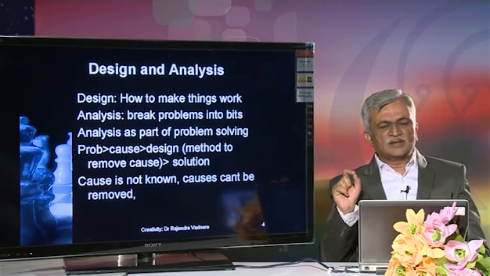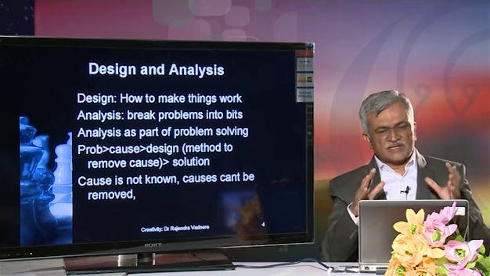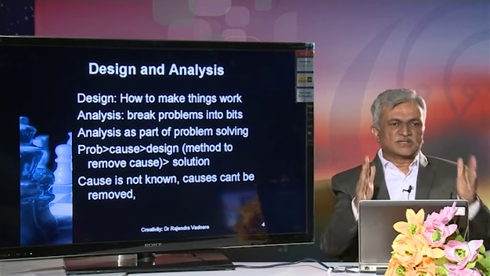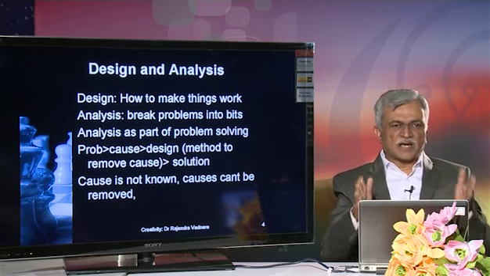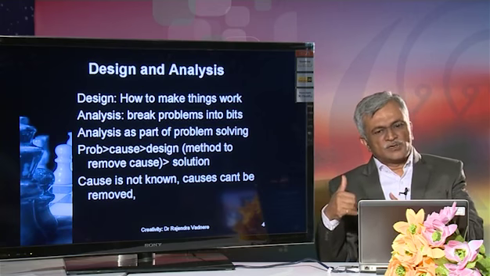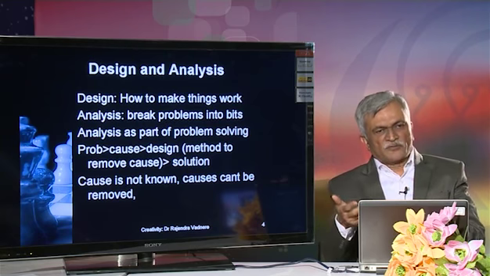So, when you find the ways and means to remove the causes, what you are doing is you are designing, and once you have designed something, you assemble those things, you have created things in your mind, it is your first creation, it is your plan, your blueprint, and then you execute, and then you lead to a solution state which is a more favorable problem free situation.